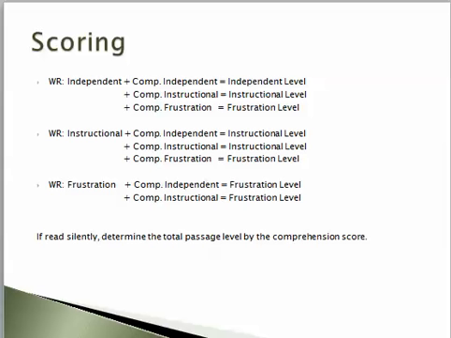If they scored independent on word recognition and instructional on comprehension questions, the level is instructional. If they scored word recognition independent and comprehension frustration, the overall passage is frustration. Whichever is the lower score is the overall passage score. If words read were instructional and comprehension was independent, the overall level is instructional. Instructional, of course, is instructional.